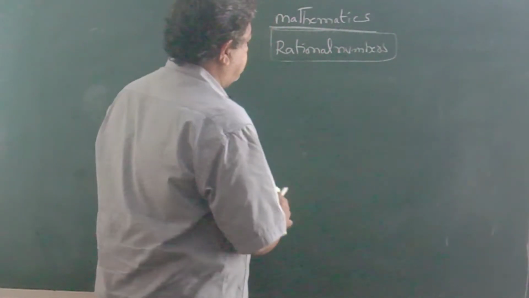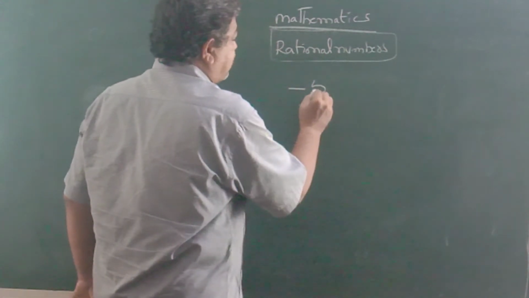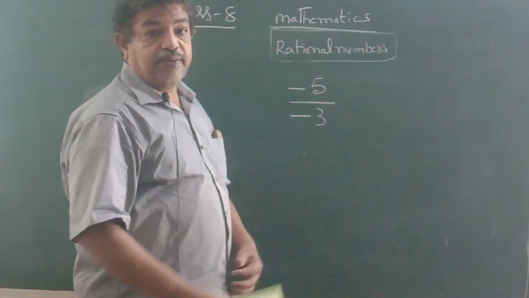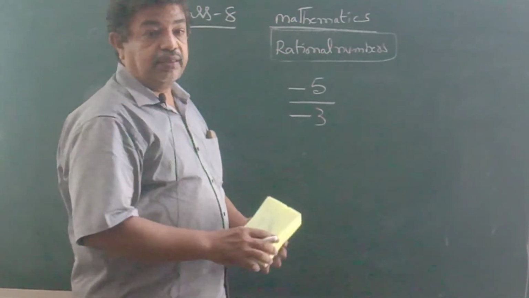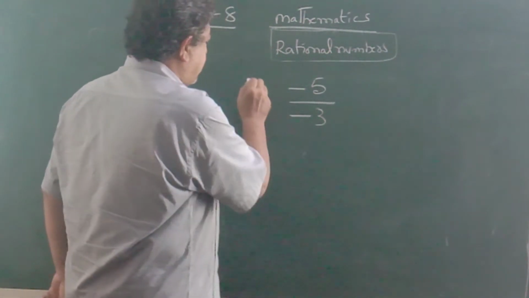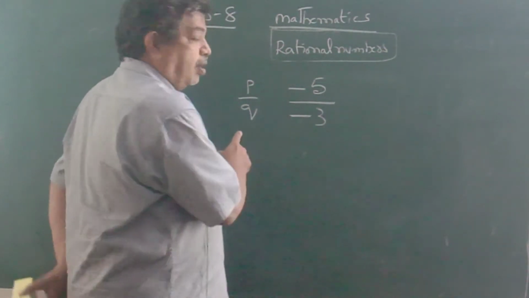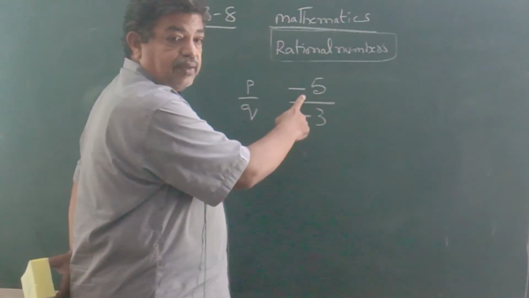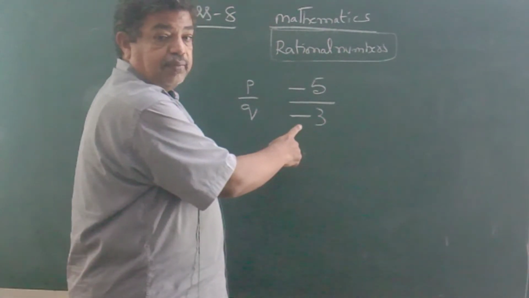I take another example. Suppose I write numerator as minus 5, denominator as minus 3. Does minus 5 by minus 3 represent a rational number or not? Our definition is numbers of the form p by q are called rational numbers where p and q are integers. What is the numerator here? Minus 5. What is the denominator here? Minus 3.